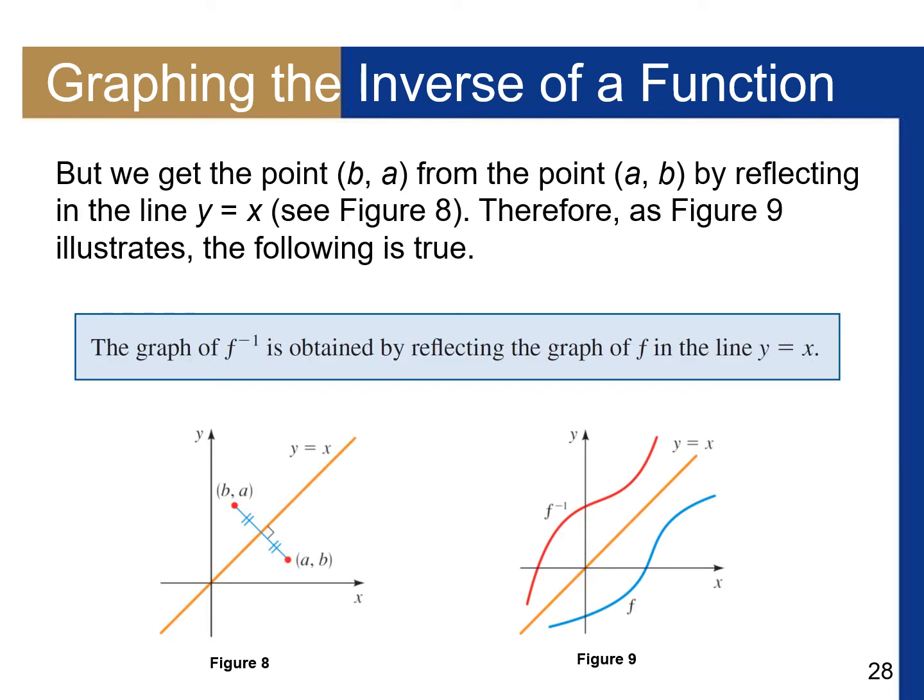So here's our parent function that we know very well, y equals x. And I'm going to take a point that was on the first function, and I'm going to swap x and y and make it a point on my inverse function.